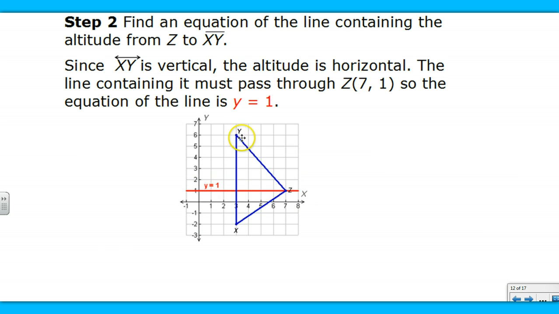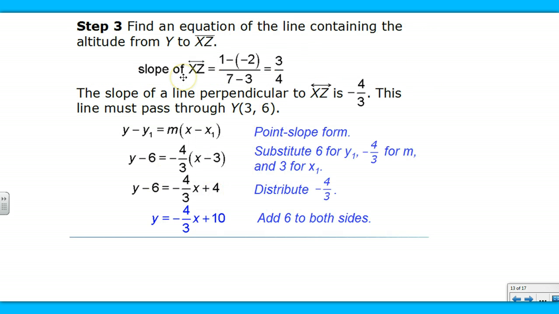Now, the other altitudes are going to be a little trickier to find because we've got to make sure that they're perpendicular. And if they are perpendicular, then they would have a slope that is related to the slope of the base that we're running into, right? So if we're moving from vertex Y and finding an altitude that would move to this segment here, ZX, we need to know what this slope is, right? So that we can find the negative reciprocal slope and use it from point Y, which is exactly what is done here.